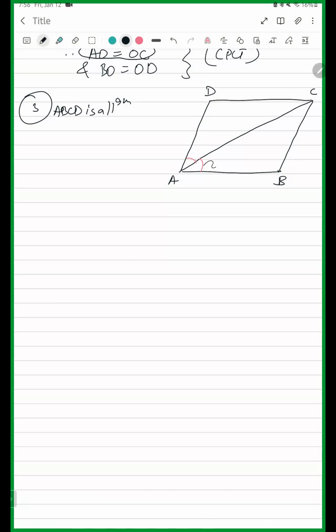So angle DAC is equal to angle BAC, and we need to show that angle DCA is equal to angle BCA, meaning we need to show that this angle is equal to this angle. This is the first thing. The second thing, we need to show that it is a rhombus.